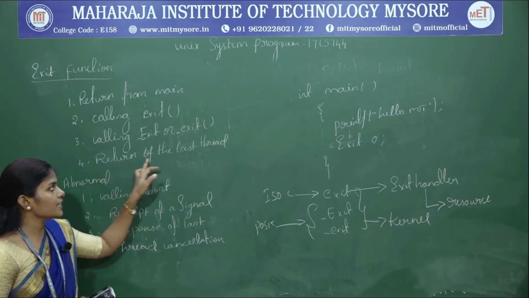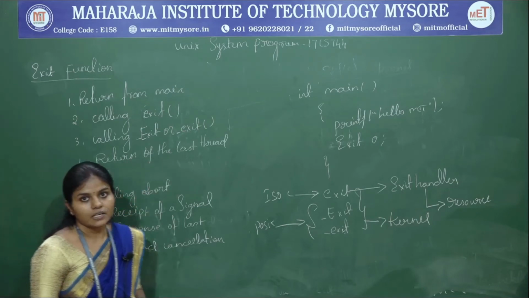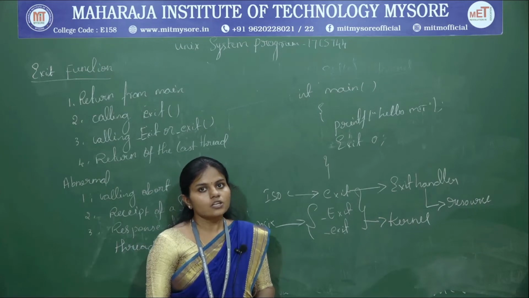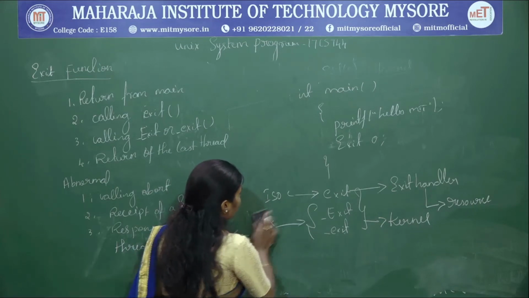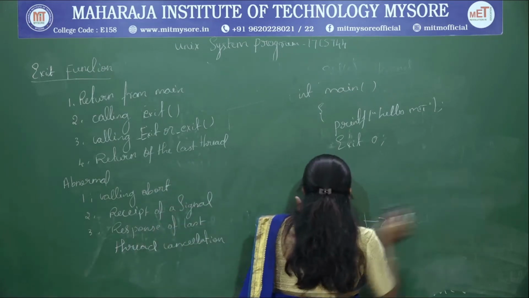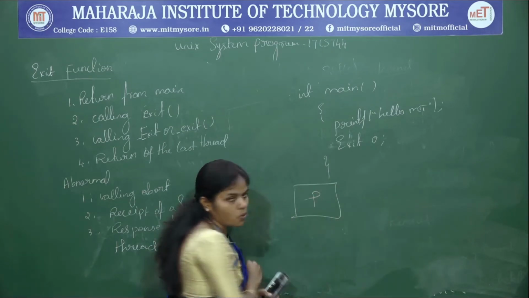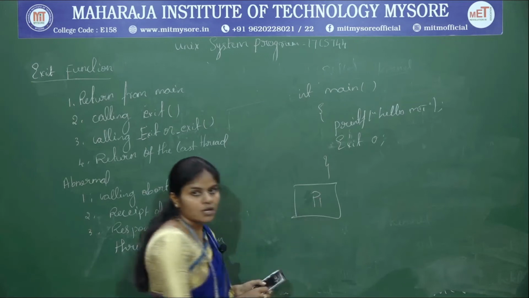The last one is returning from the last thread. We know that a thread is nothing but a lightweight process, right? Suppose for example this is the program. For this program the kernel creates the process P1.